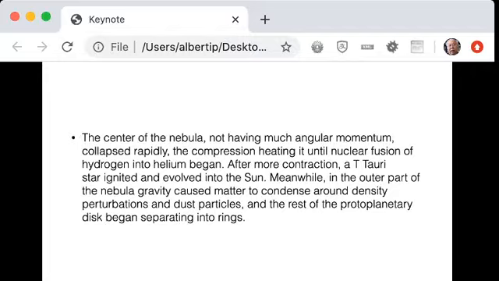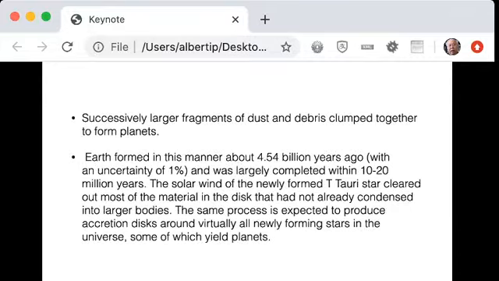The outer part of the nebula continues to rotate around this center, and they also collate together to form our planets, initially as a disk and then eventually becoming planets. So successive layers of all this dust and debris are clumped together to form the planets.